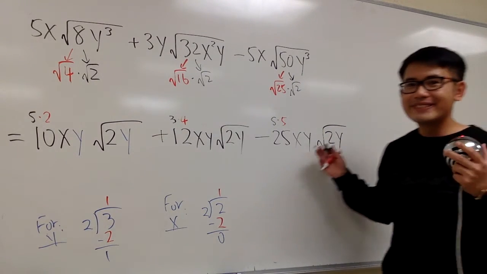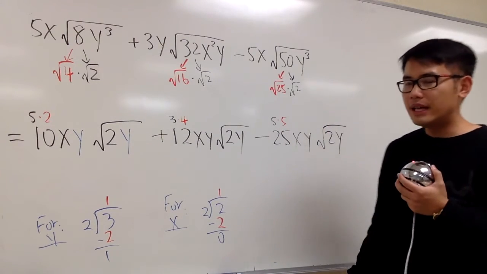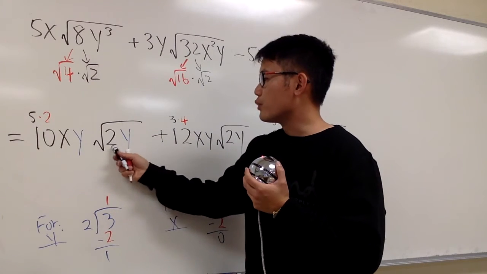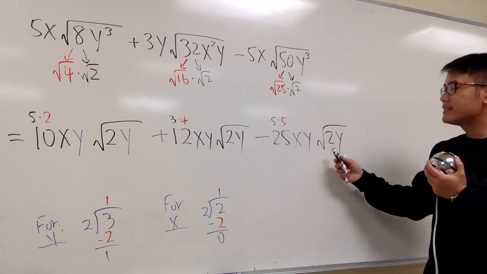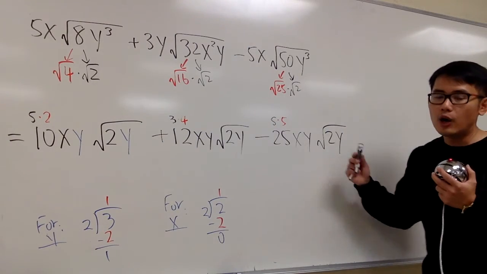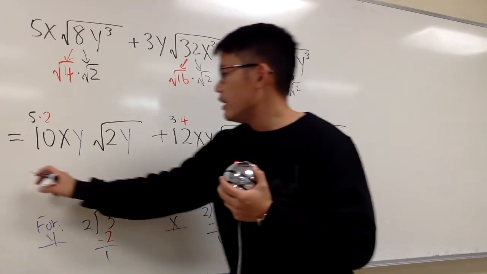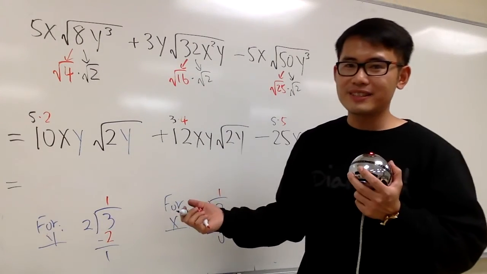Okay, so we run through all three terms and we simplify all of them. And notice that for the variable part, xy square root of 2y, and then xy square root of 2y, xy square root of 2y, they are all the same thing, right? They are all like terms. Therefore, what we can do is we can just combine the numbers in front.